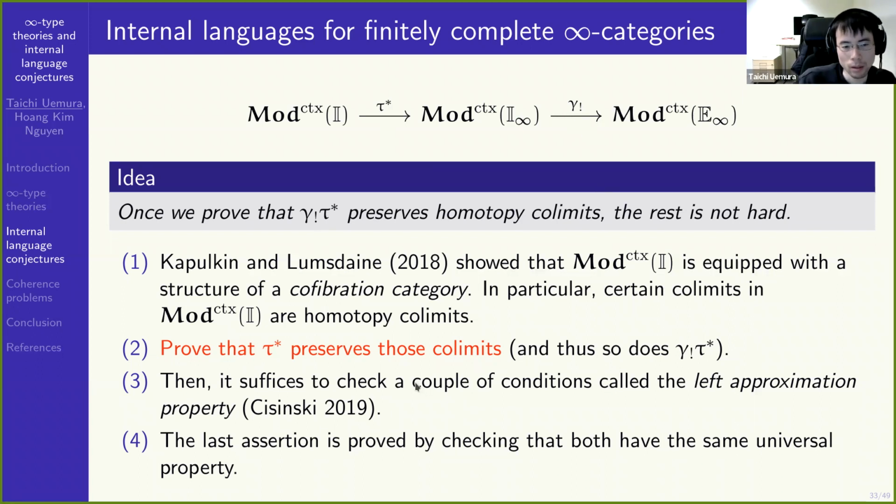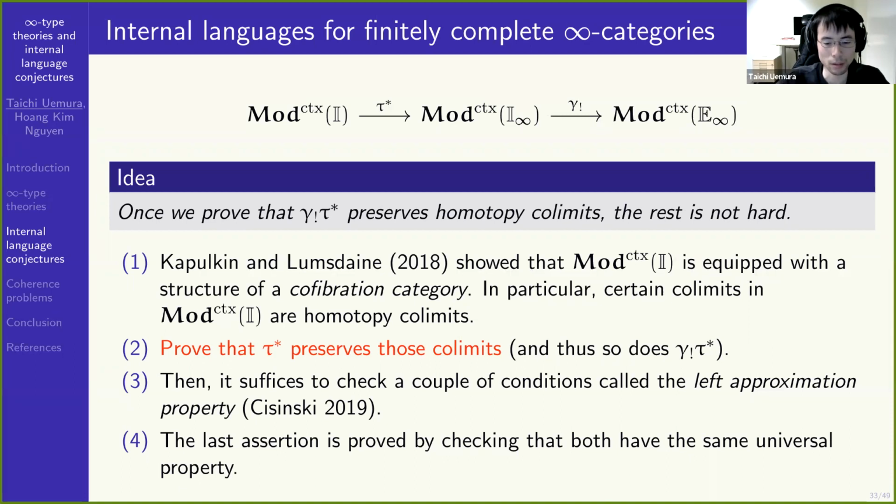If the functor preserves those colimits, then by the result of Szumiło, it is enough to check a couple of conditions called the left approximation property. I think it is relatively easy to verify.